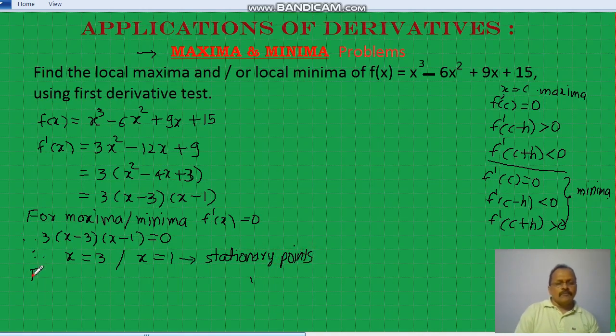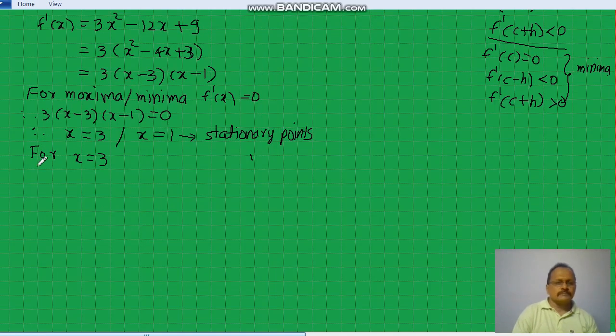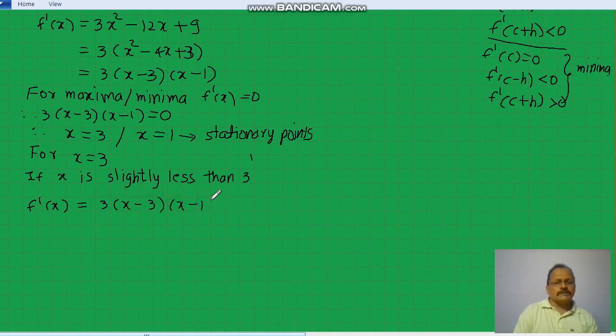Now for x equal to 3, if x is slightly less than 3, let us see what happens to f dash x. In that case, f dash x is equal to 3 into (x minus 3) into (x minus 1).